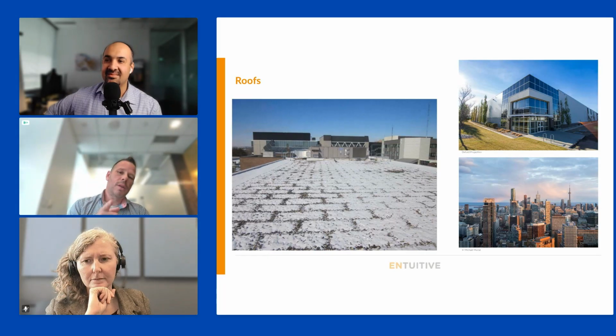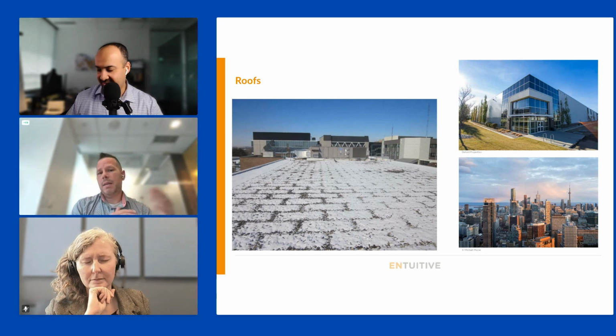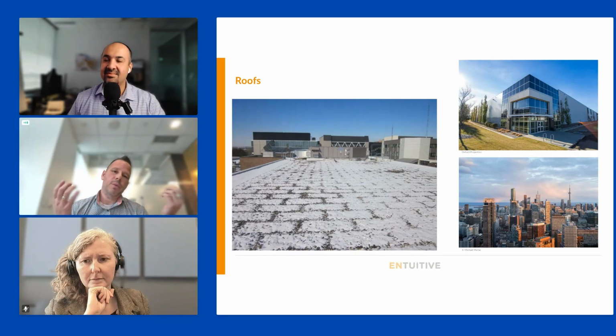And then I have 2 other pictures, again, fairly generic, showing that the influence of the roof on the energy performance is far more substantial on a low-rise building. As a rule of thumb, with anything less than 6 stories, you're going to be paying more attention to the roof. I've had lots of industrial projects where it's a like-for-like roof replacement, and they don't even really think about insulation.